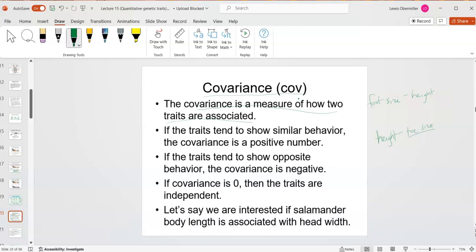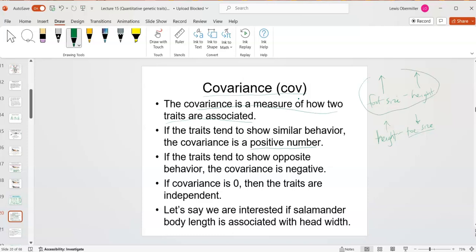That would be a covariance of different directions. Whereas if we say the taller you are, the bigger your foot size is, then those would be covariable.